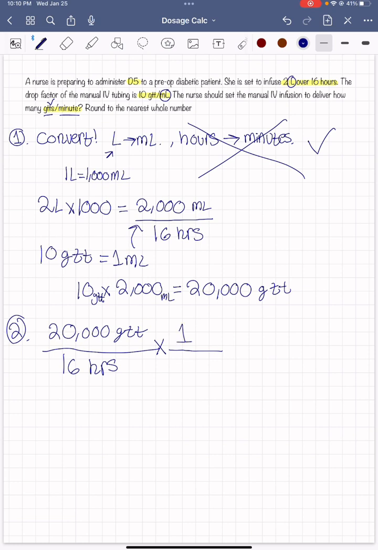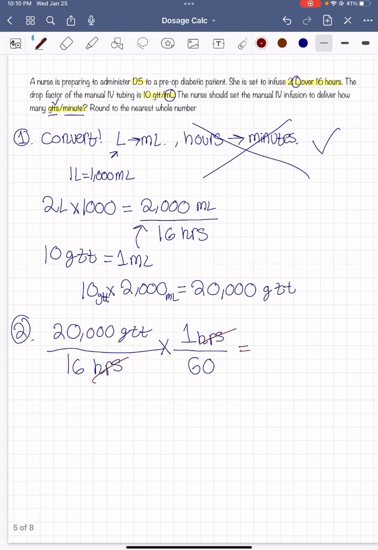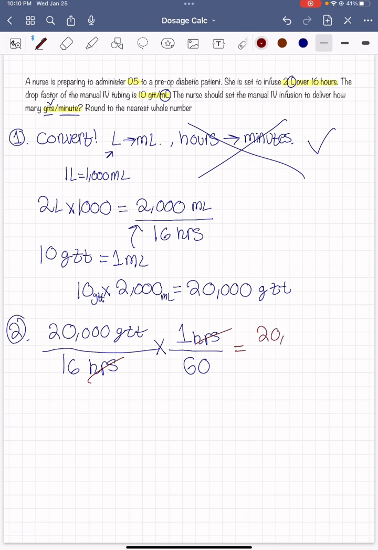So up top we have hours. And how many minutes are in an hour? 60. And would you look at that? They cancel out. Hours, hours. I am left with 20,000 drops over minute. So I have, and then we go straight across.